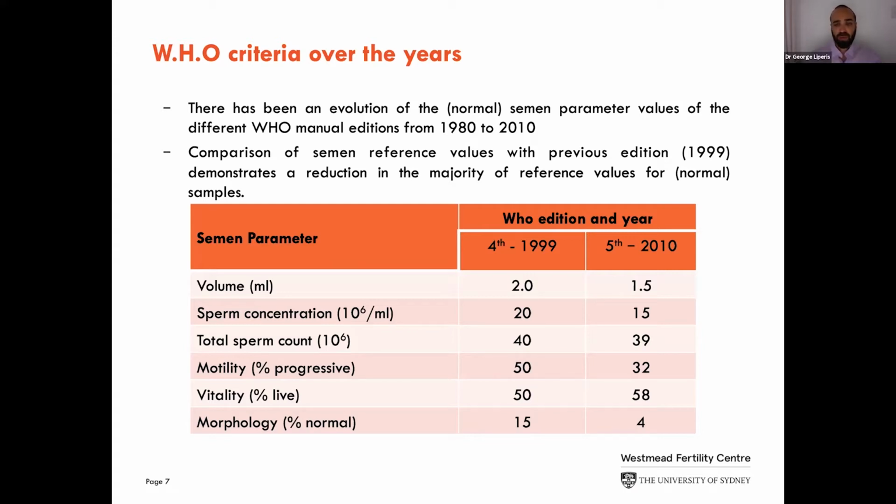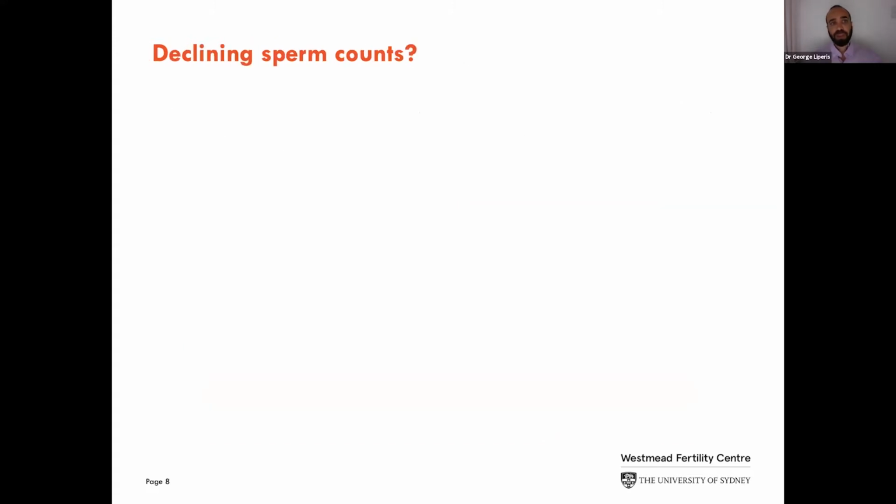If we compare the previous edition and this edition, we can see that the majority of the reference values have been reduced, from the volume to the sperm concentration. Total sperm count, motility, and morphology have all been reduced. This is because the sperm counts are declining.